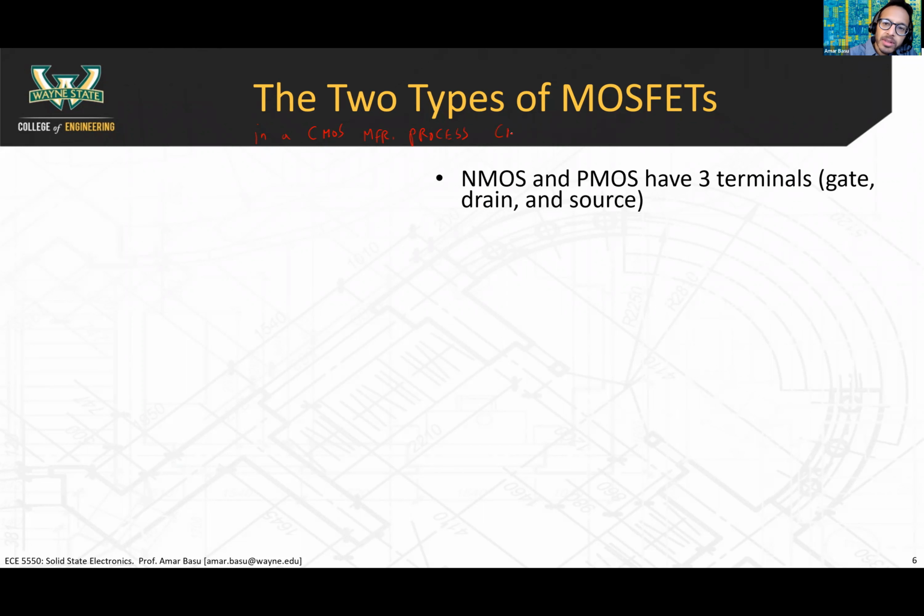And CMOS is complementary metal oxide semiconductor. That's what CMOS is.